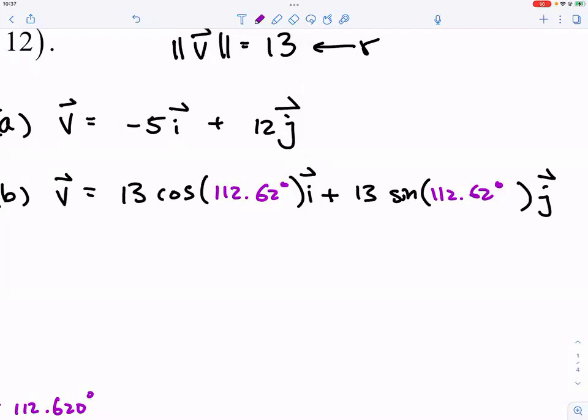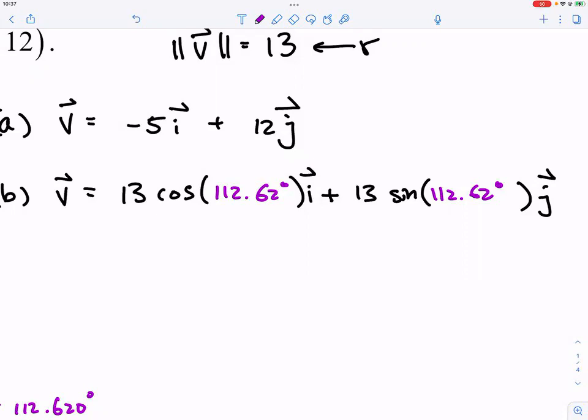If you don't trust me, you can go ahead and try it on a calculator. This is the reason why we do not put a negative in front, because the negative is going to come from the cosine right here. Since cosine of an angle in the second quadrant gives you a negative value, they are literally the same thing.